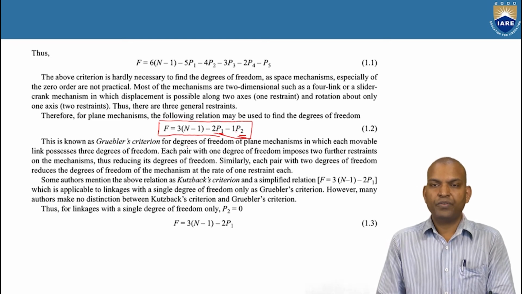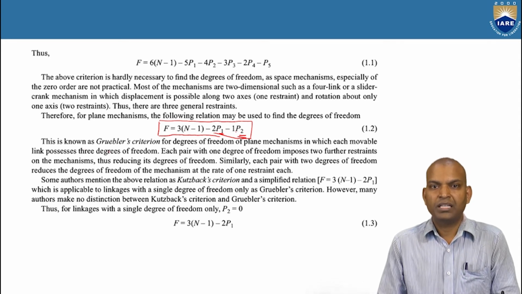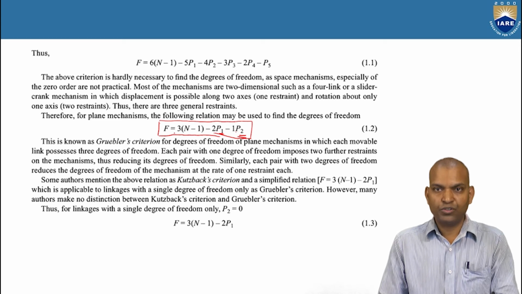Each movable link possesses 3 degrees of freedom, that is what this formula indicates.